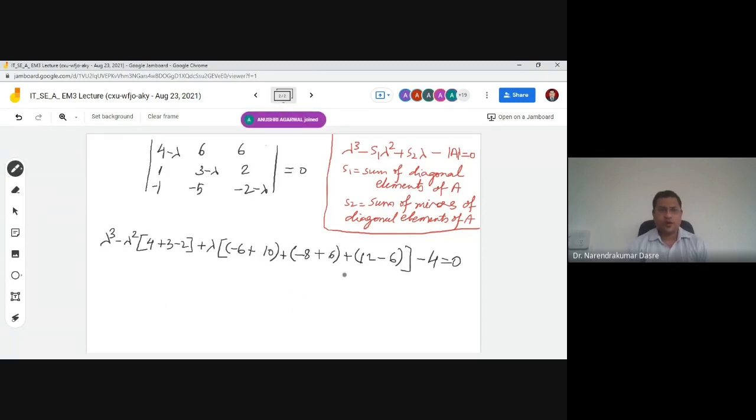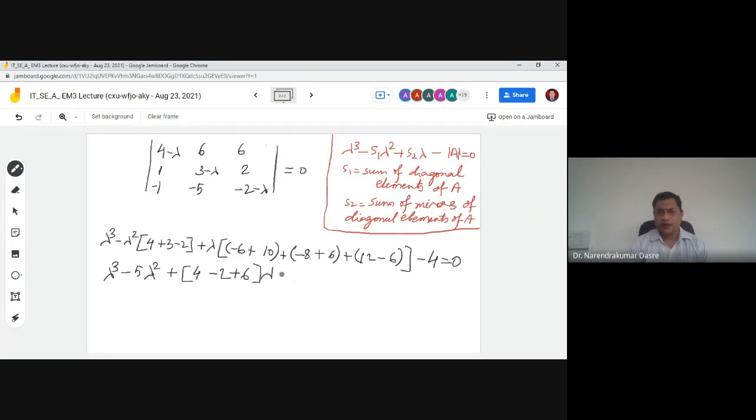Now let us simplify. So you will be having lambda cube minus 5 lambda square, and then we have to consider plus: this is going to be 4, this is going to be minus 2, and this is going to be plus 6.